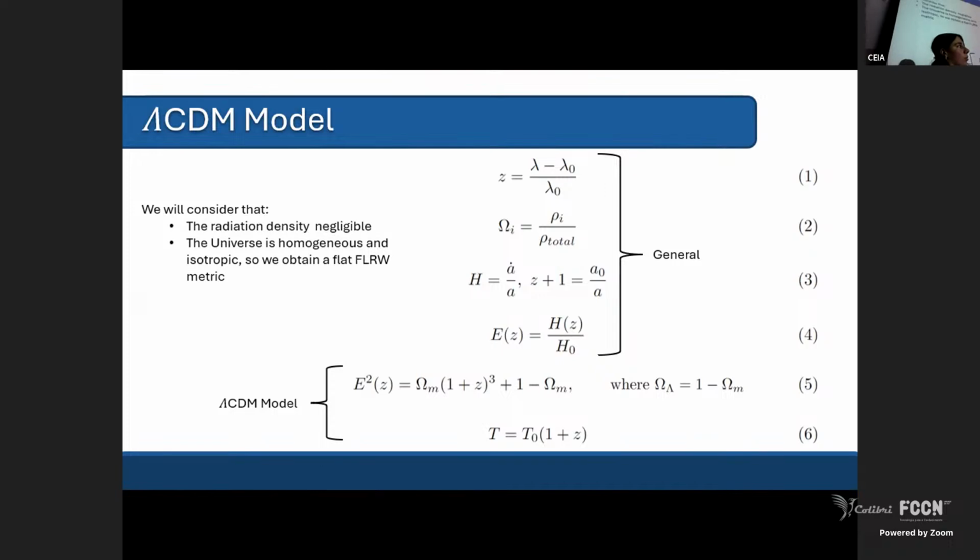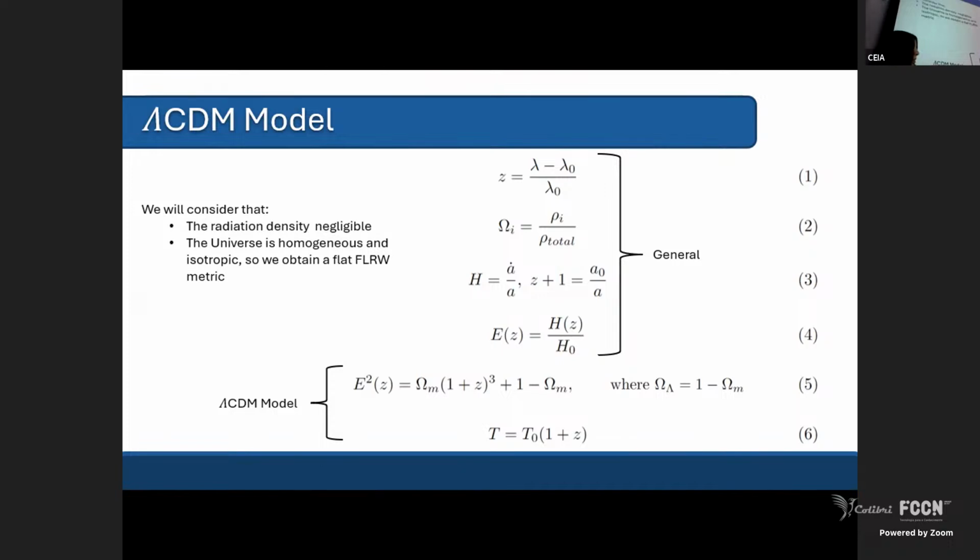For our calculations, it's useful to have no dimensions, so we also define E, a function of H over H0. It has the same meaning as H, but is dimensionless, so our calculations are easier.